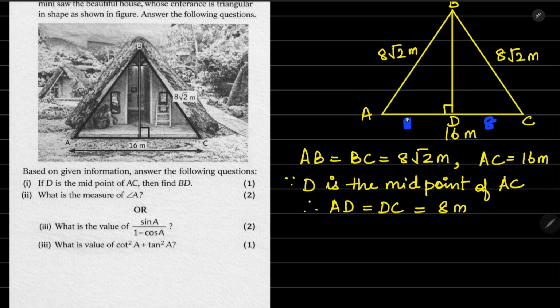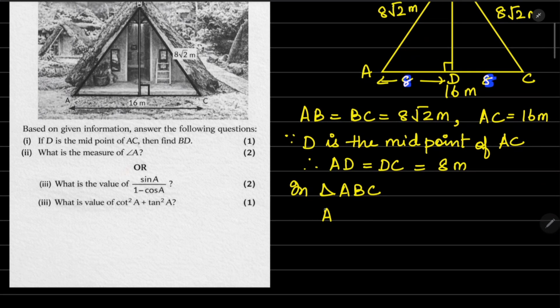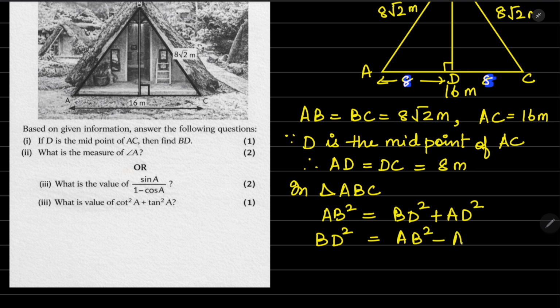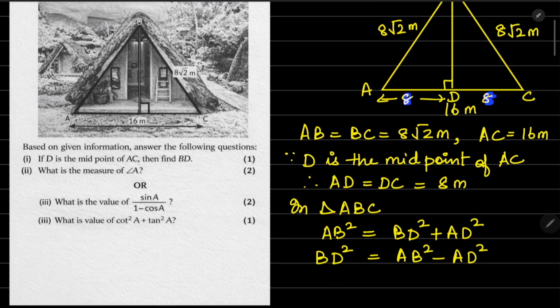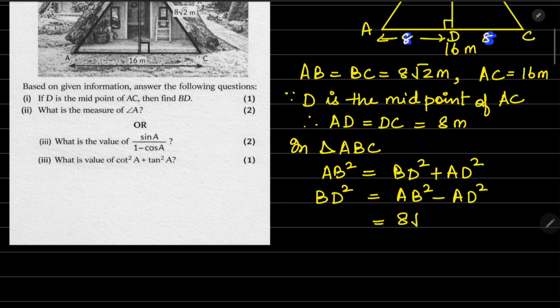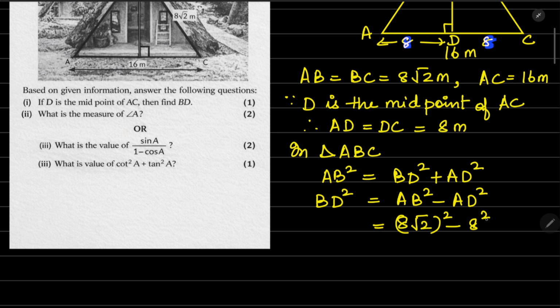So in the right angle triangle ABD, apply Pythagoras theorem. So AB square is equal to BD square plus AD square, and BD square is equal to AB square minus AD square. What is AB square? 8 root 2 the whole square minus AD, which is 8 square.